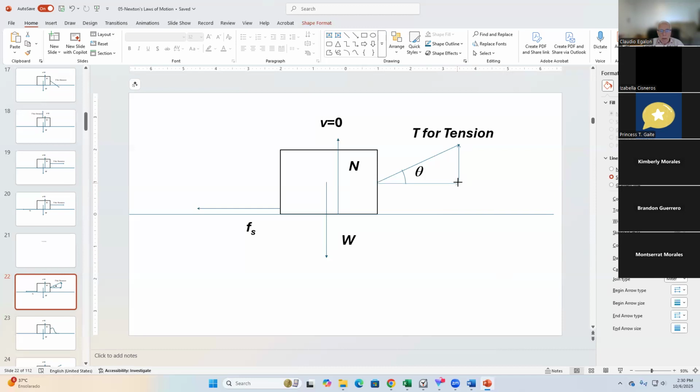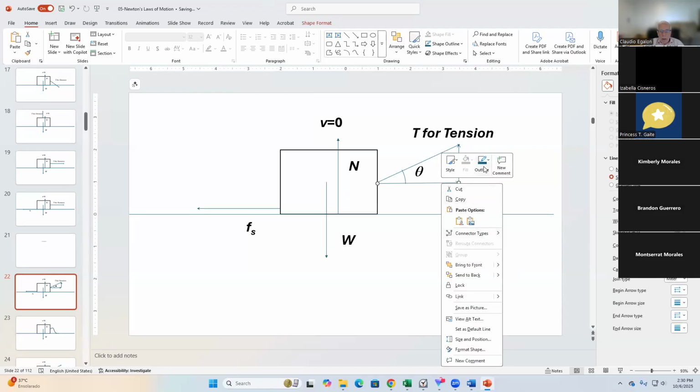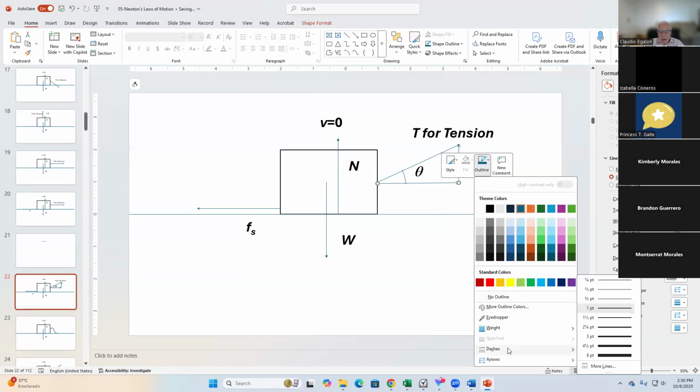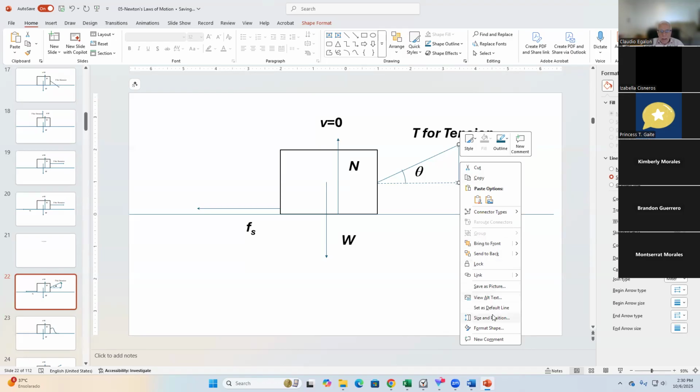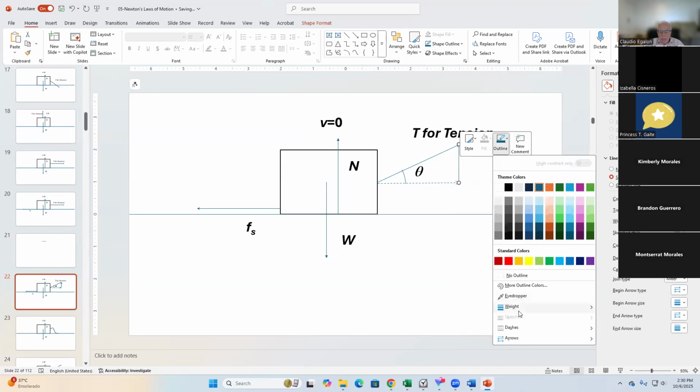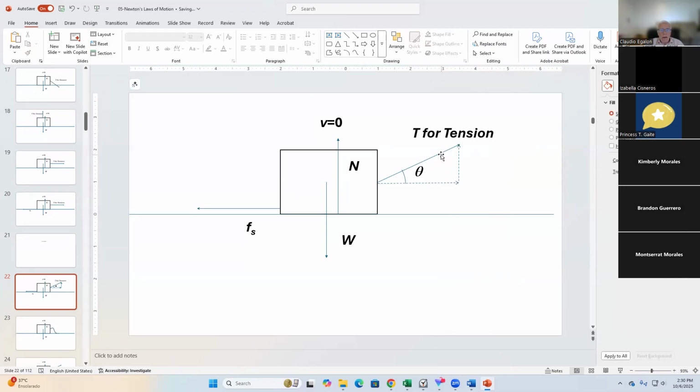Dash, dash, dash. Like that. Let me change the tip of my arrow. Better, right?